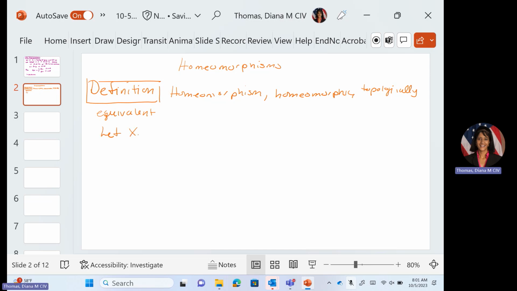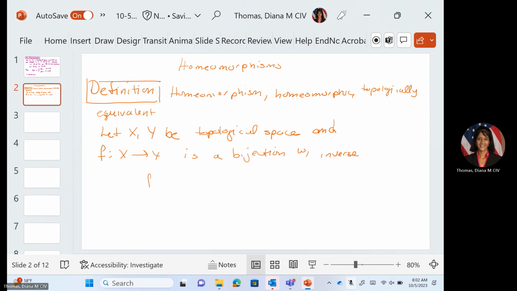So I have X and Y are topological spaces, and F going from X to Y is a bijection with inverse, F inverse going from Y to X. If F and F inverse are continuous functions, F is called a homeomorphism.